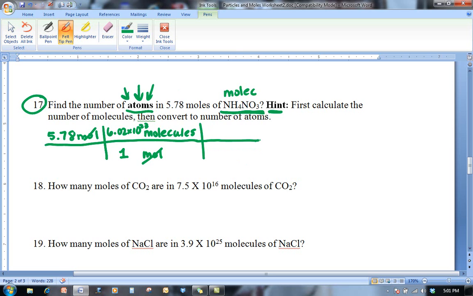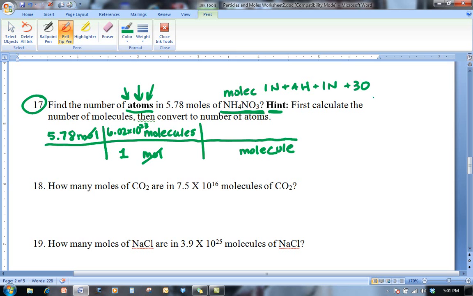So I'm going to continue. Extend my line out a little bit here. I'm going to put molecules at the bottom. And in 1 molecule of NH4NO3, I have 1 N plus 4 H's plus another N plus 3 O's, 3 oxygens.